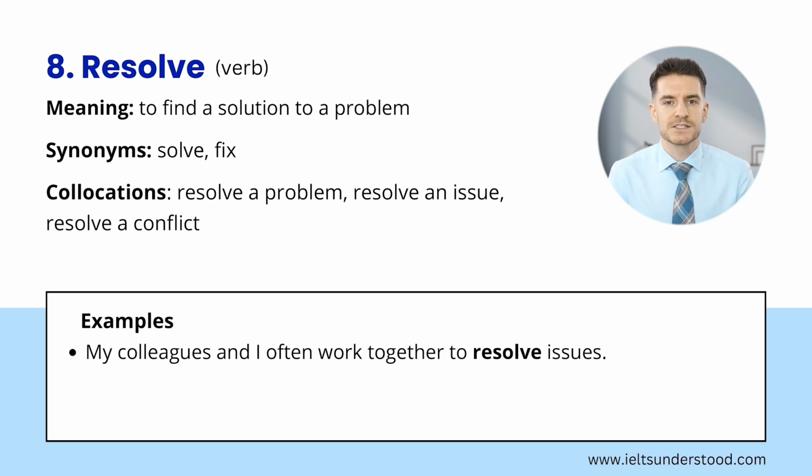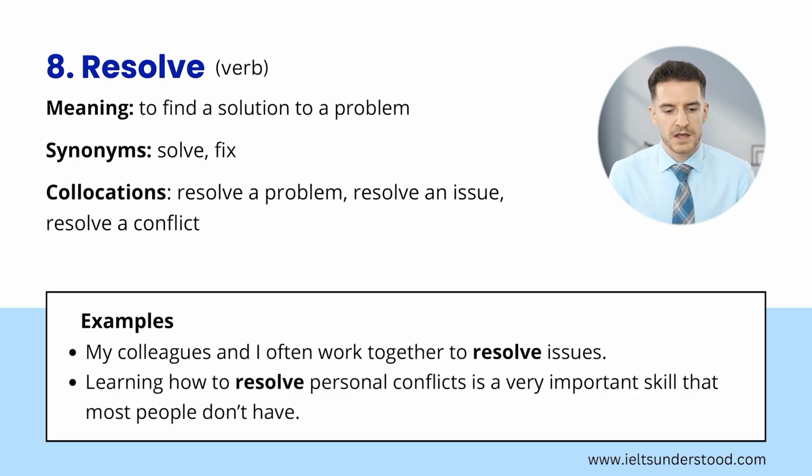We work together to solve problems. Learning how to resolve personal conflicts is a very important skill that most people don't have. So this means learning how to fix personal problems is very important. So instead of always saying to fix a problem, try saying to resolve a problem instead. It's going to make your speaking sound more professional.